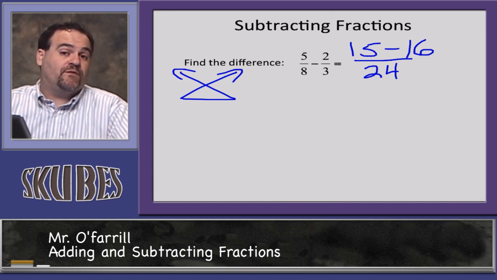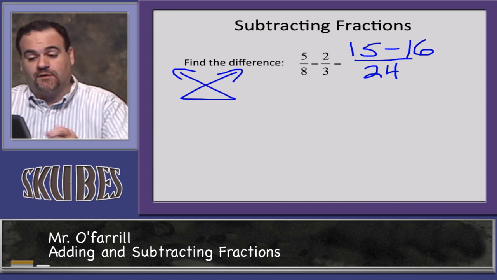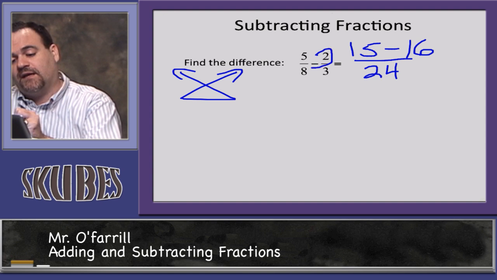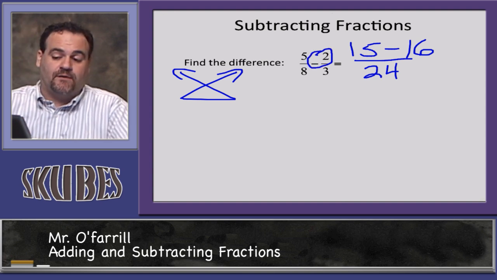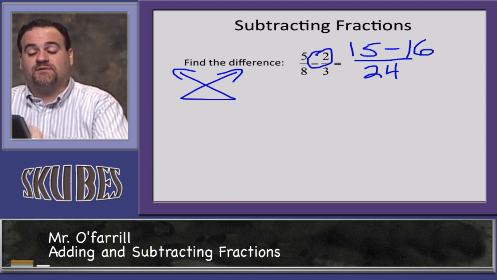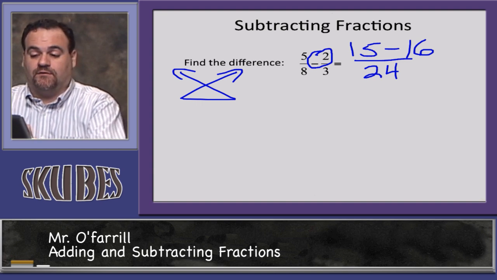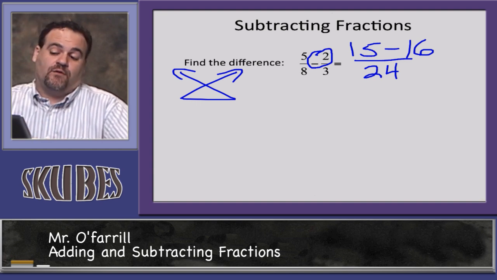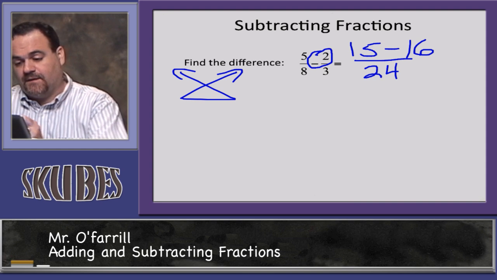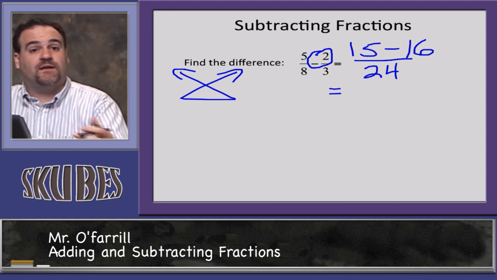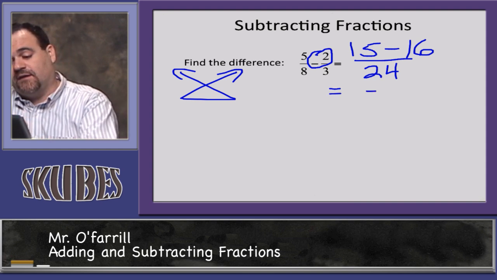Or if you prefer, we can go back to what I had said earlier, that we'll just combine the negative sign with the numerator. 8 times negative 2 is negative 16, or 15 minus 16.